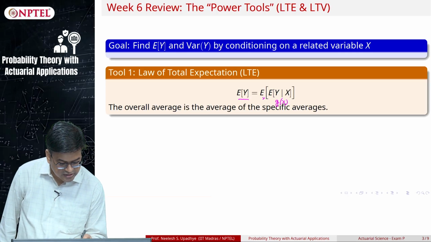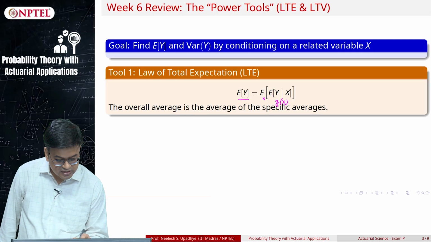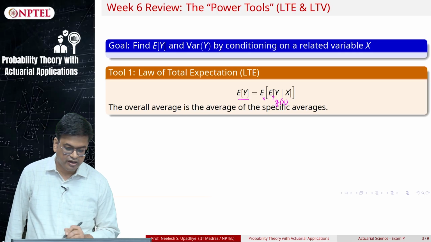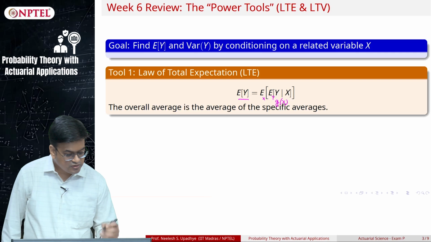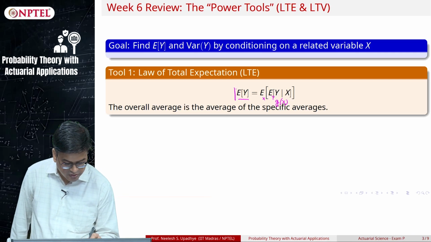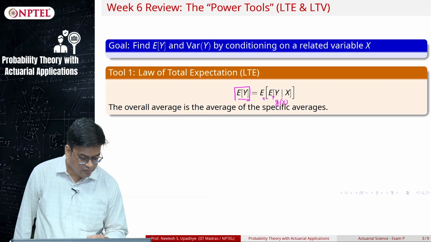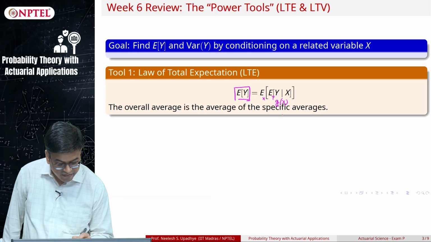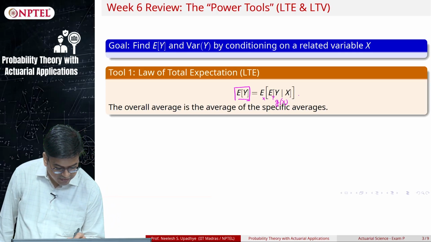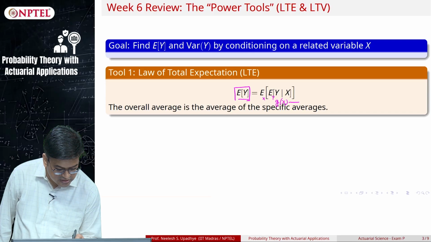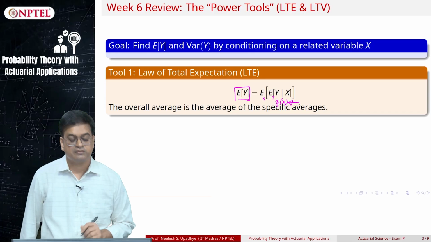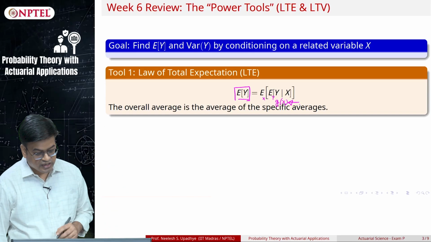This expectation is with respect to X, and this expectation is with respect to Y. So the overall average, the expected value of Y, is the average of specific averages, g(X). This is the law of total expectation.